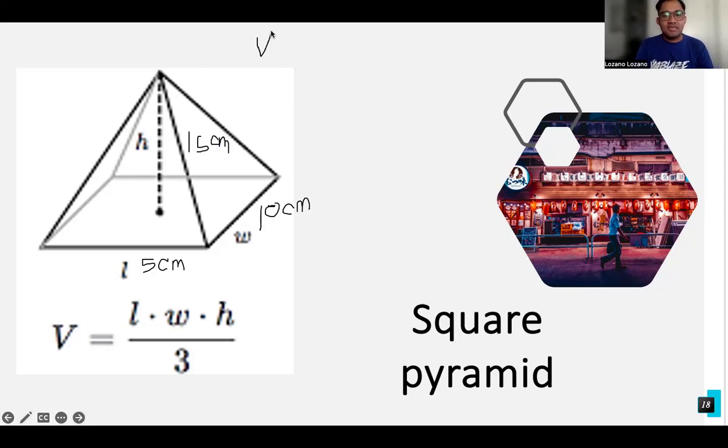Okay, again, get the product of the given measurement, then divide it by 3 to get the volume of our square pyramid. So the length is 5 times 10, okay, times 15 divided by 3.